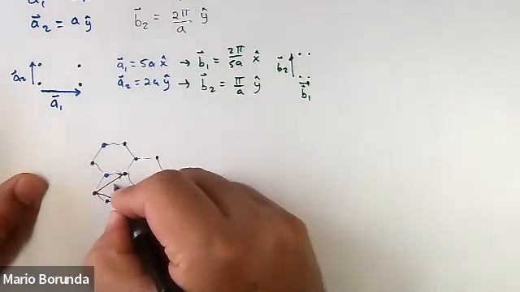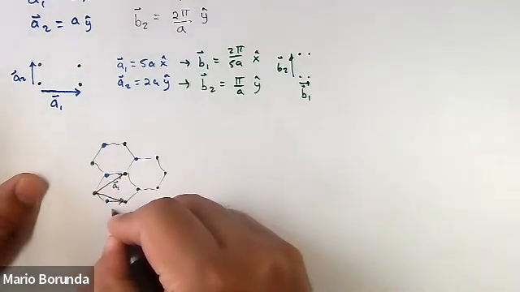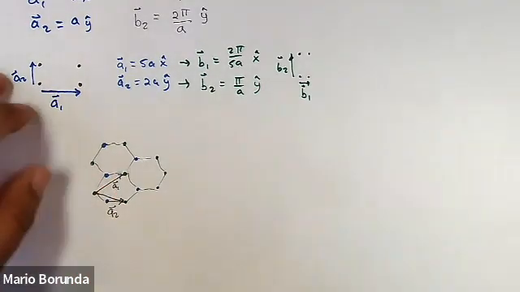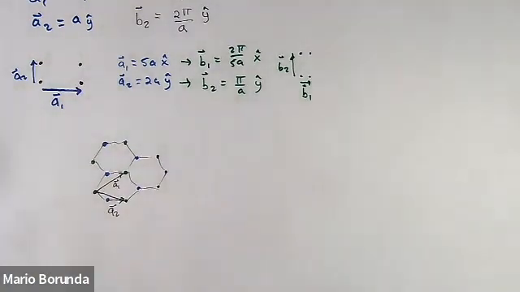So I could say this is A1, and this one right here is A2. Remember, I can pick the lattice however I want. I could pick it from the center of the hexagon, but I'm just gonna pick that my lattice points are those green dots.